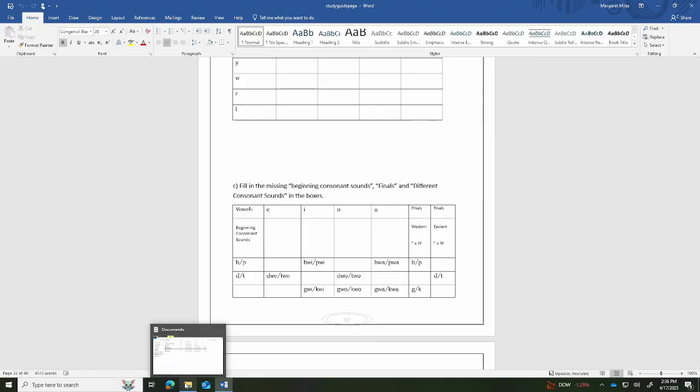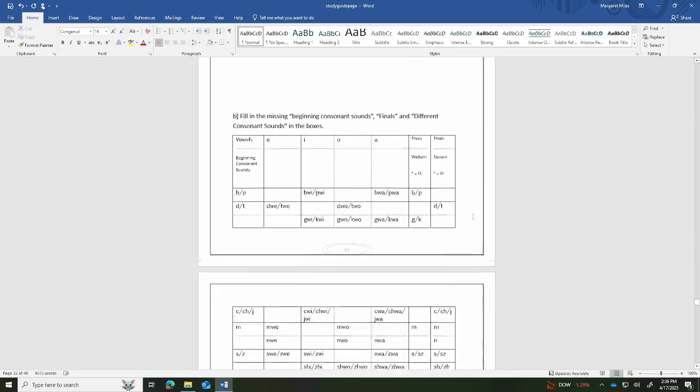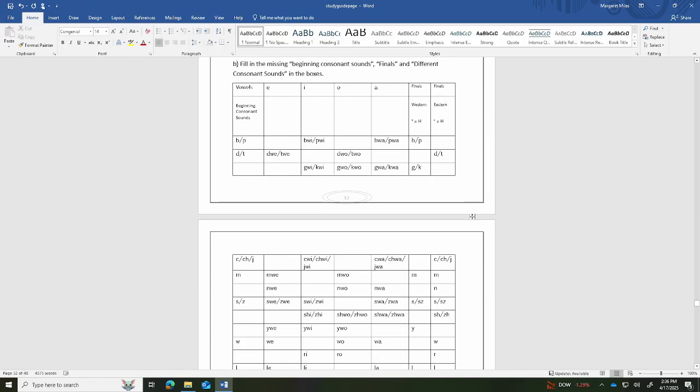Letter B is fill in the missing consonant sound. Fill in the missing beginning consonant sounds, finals, and different consonant sounds in the boxes. So this chart has some empty squares in the columns.